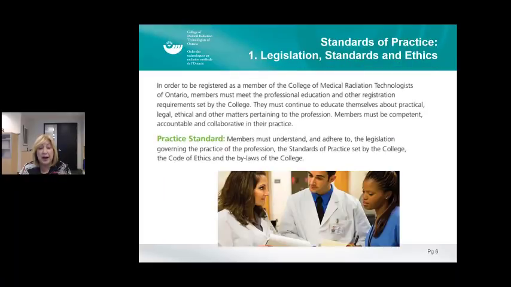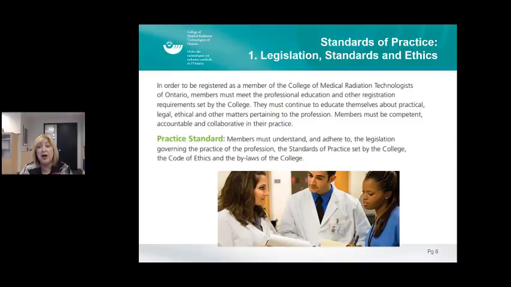And our standards of practice, practice standard number 1, talks about legislation and standards and ethics. And it says that our members must understand and adhere to the legislation governing the practice of the profession, the standards of practice set by the college, the code of ethics, and the bylaws of the college.